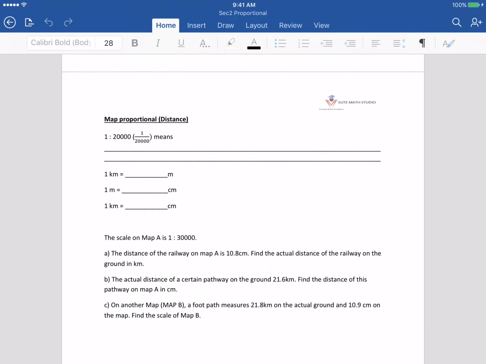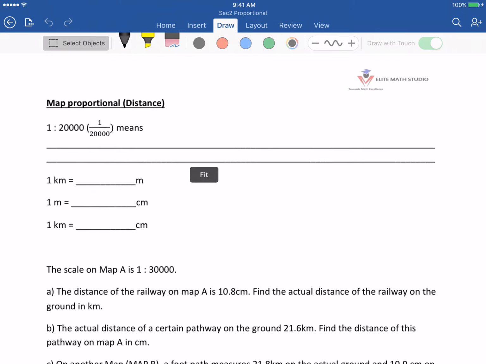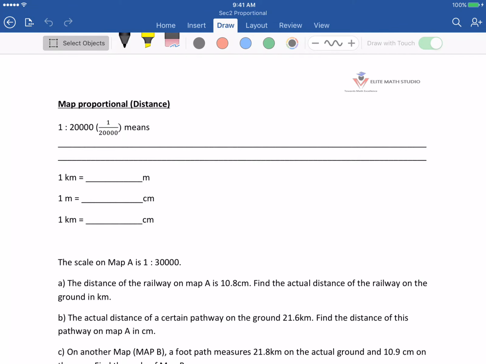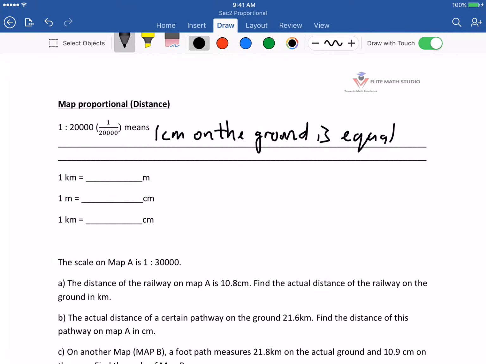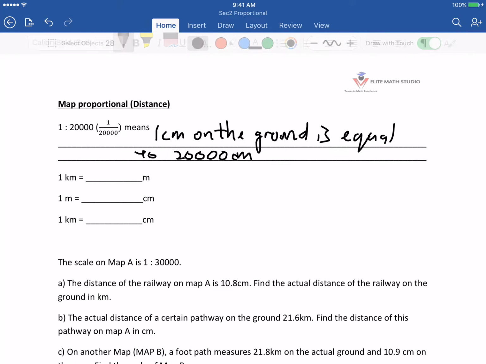Okay, so the first one, let's go through. When the scale writes 1 is to 20,000, what does it actually mean? It means that 1 cm on the map is equal to 20,000 cm on the actual ground. Sorry, it's not 1 cm on the ground, it should be 1 cm on the map.